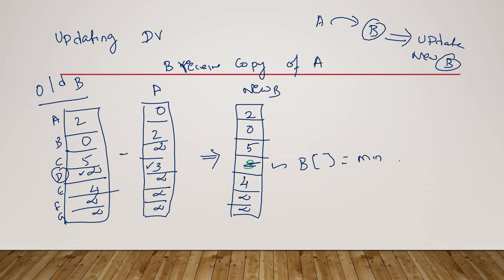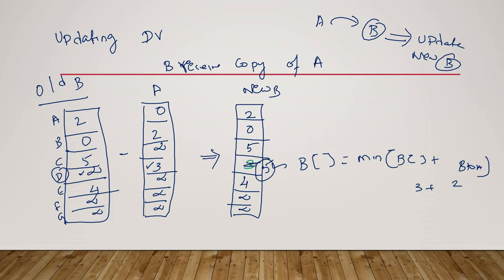The minimum of B plus, that is the distance between the B to A. So that we are going to add here. So 3 is the distance, and the B to A distance is 2, so 3 plus 2 is 5, the value of 5 is updated here.